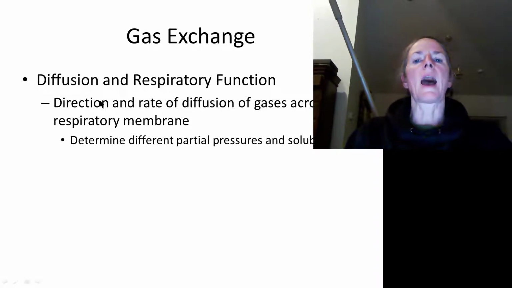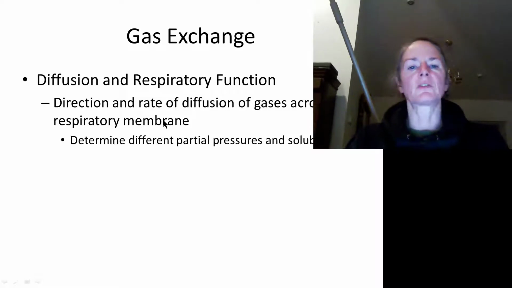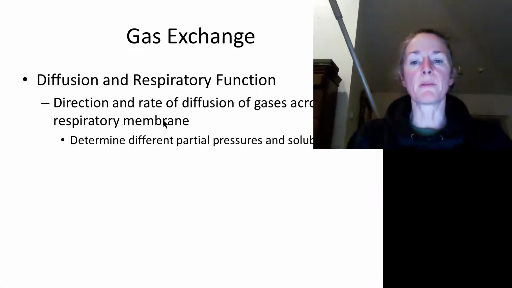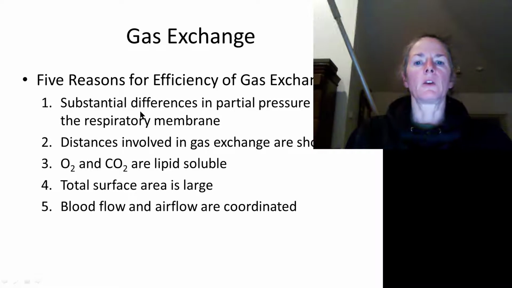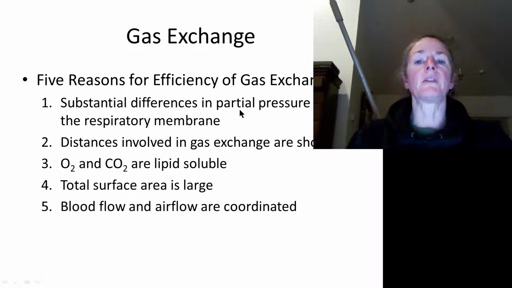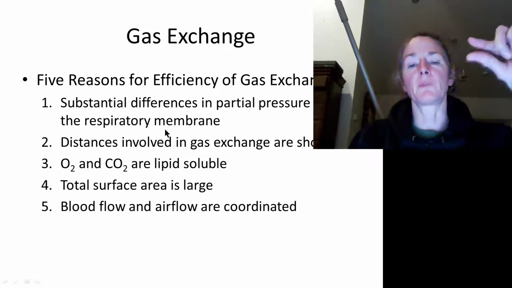So when we look at respiratory function, we're going to look at how these different gases diffuse across the respiratory membrane, and that is going to be determined by their partial pressures and their solubilities. All right, so one of the reasons we have efficiency of gas exchange is we have a very, very, very small distance.